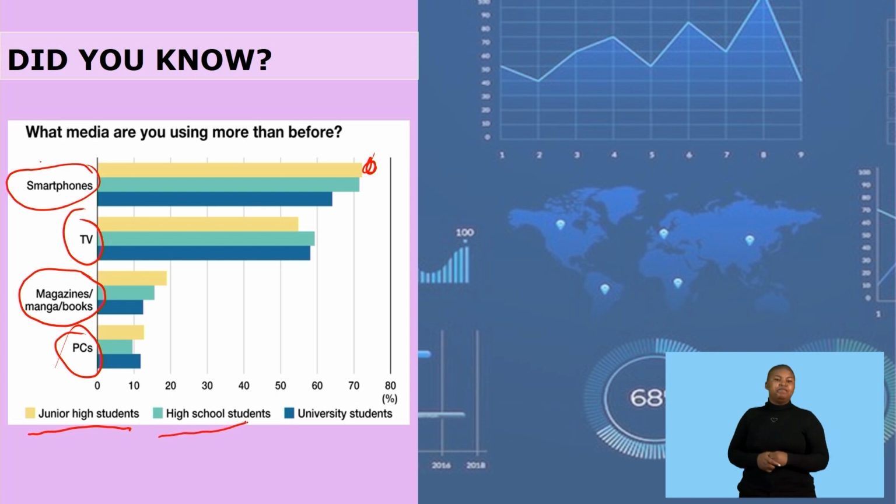High school students are over there with their smartphones, a little bit less than the junior ones, and the university learners are using smartphones even less. The university learners would rather use a smartphone and a TV, and that is how you interpret a graph.